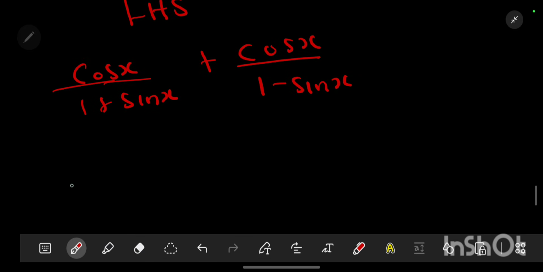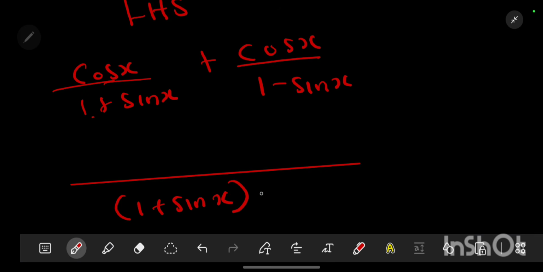So if you recall, first, let's find the common denominator, which is both of these. So it will be 1 plus the sine of x times 1 minus the sine of x, like that. If you take both as your common denominator, you just need to multiply diagonally.